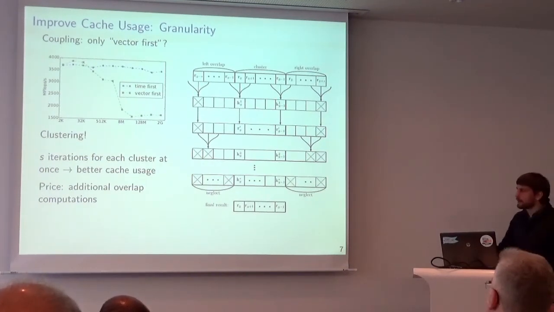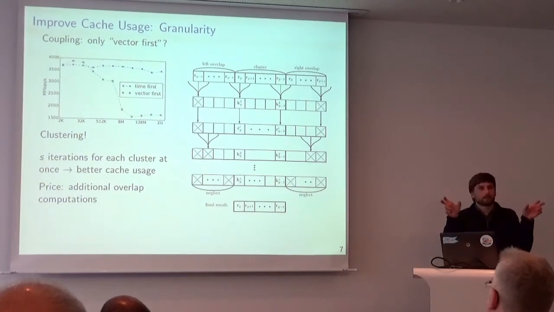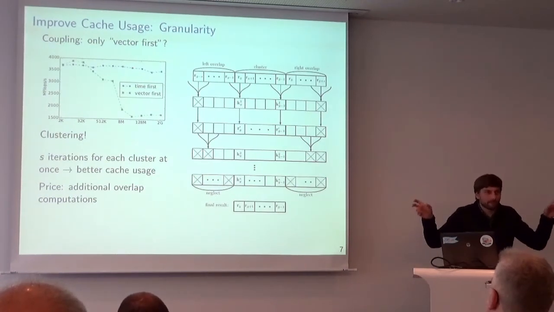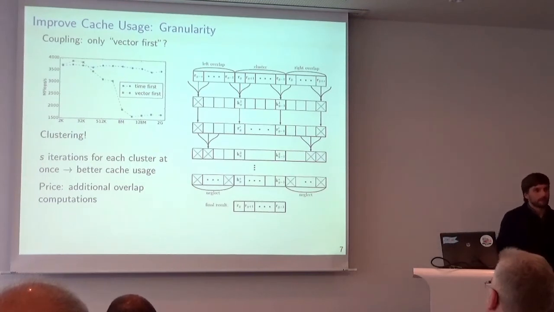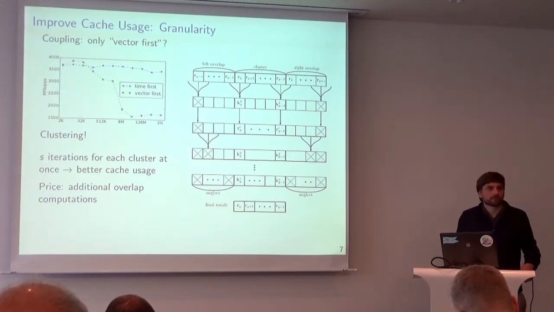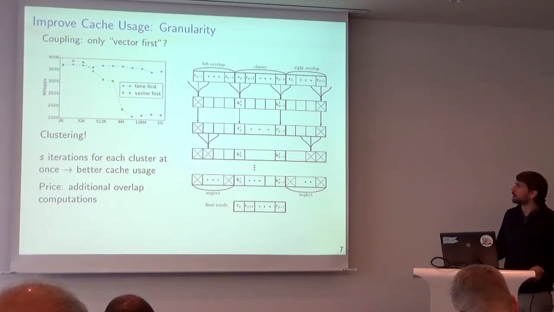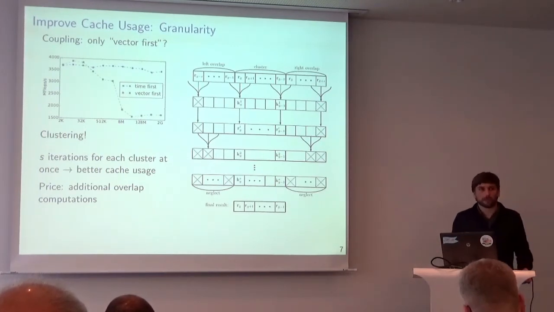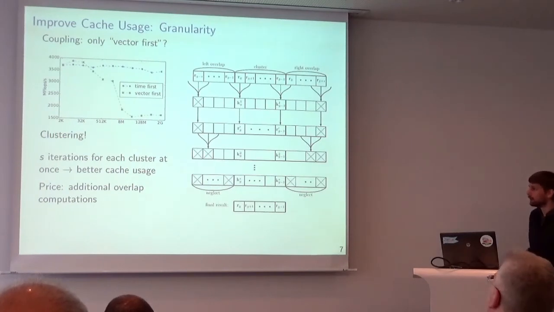And the price is exactly that I added those pendulum computations on the left and the right that I have to throw away in the end. So I do some extra work on wrong results that I don't really use. I do additional computations that are not useful for my final result.